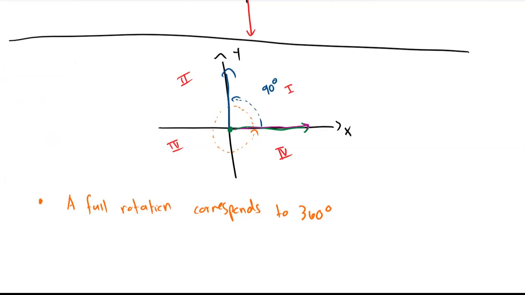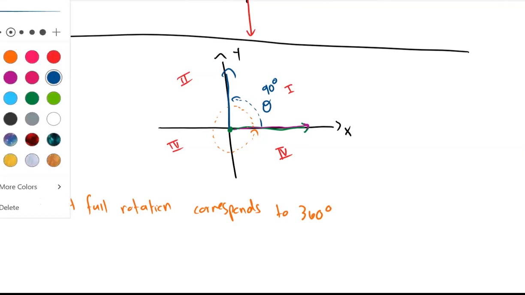Now, this angle here, let's call it theta. Now let's say I want my initial side to start on the positive y-axis. So this is not an angle in standard position anymore, but hopefully this will get across what I'm trying to say.